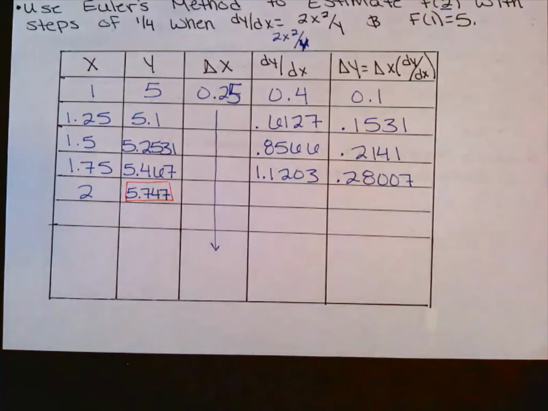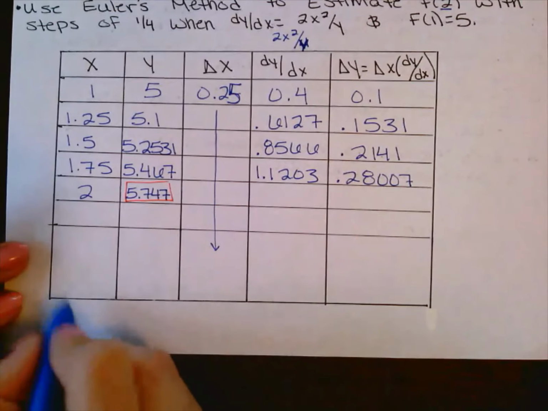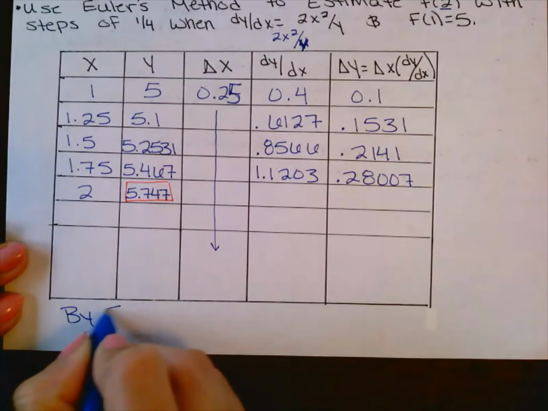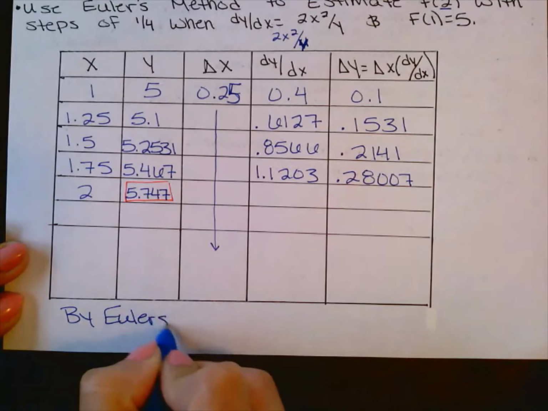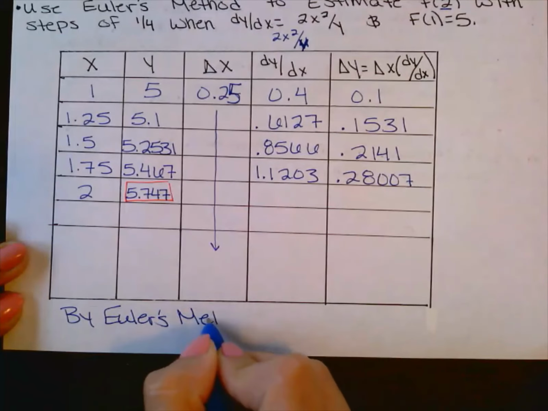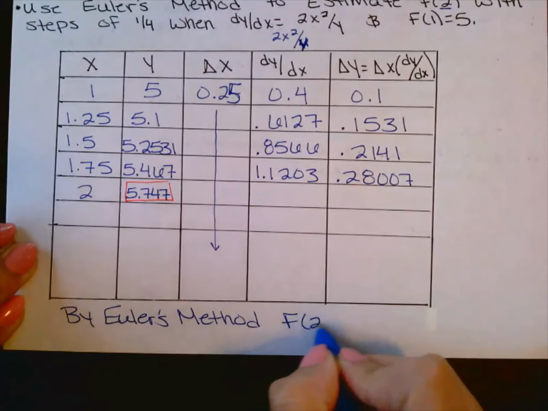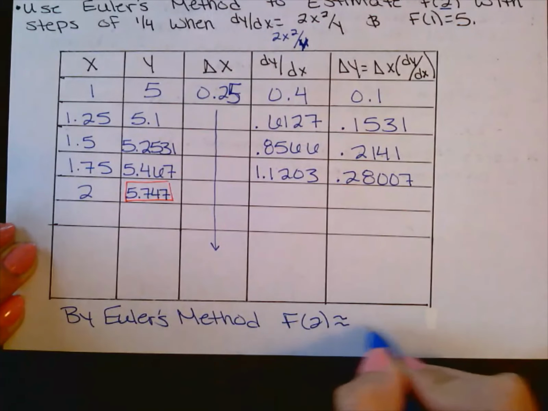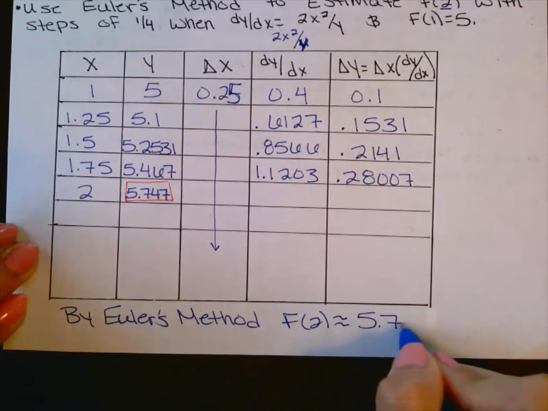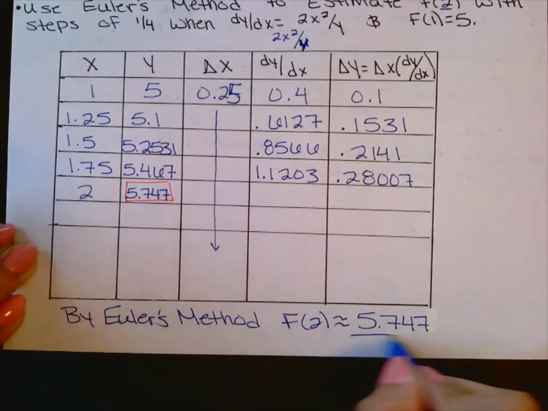So I don't need to keep going on this chart. I can say that by Euler's, I can say that f of 2 is approximately 5.747. And that's it.